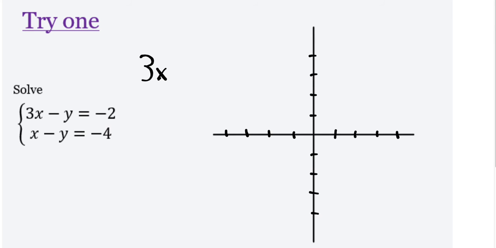Yeah, you definitely have to push harder. Did you solve for y and do it that way? Okay, you can.